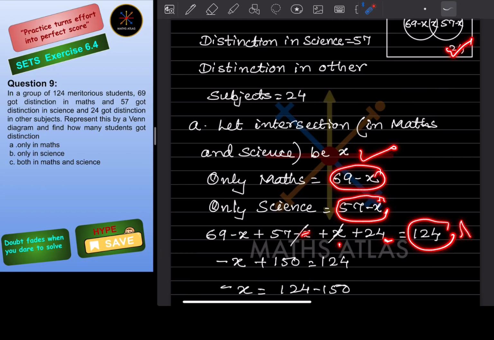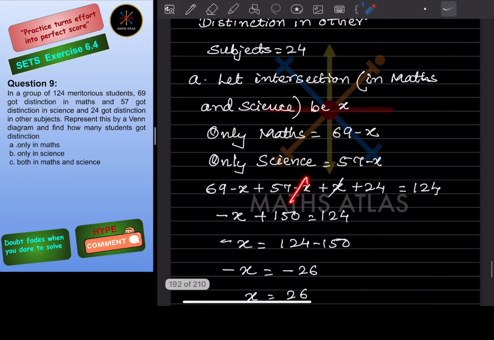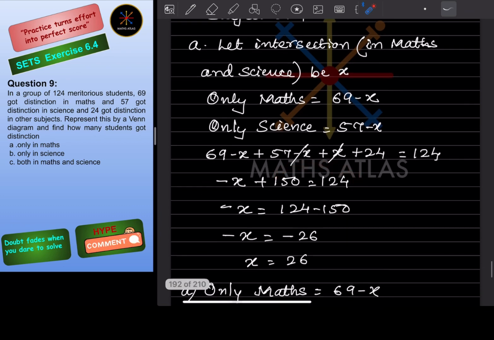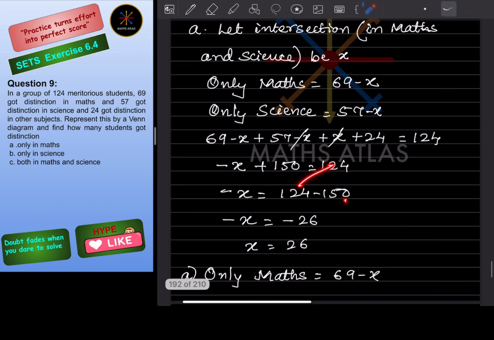This is the main step. Minus x and plus x, so this and this get cancelled. When you add these you get 150 minus x equals 124. So minus x will be 124 minus 150, which is minus 26. Both sides have a negative sign, so that will be positive. So x will be 26.